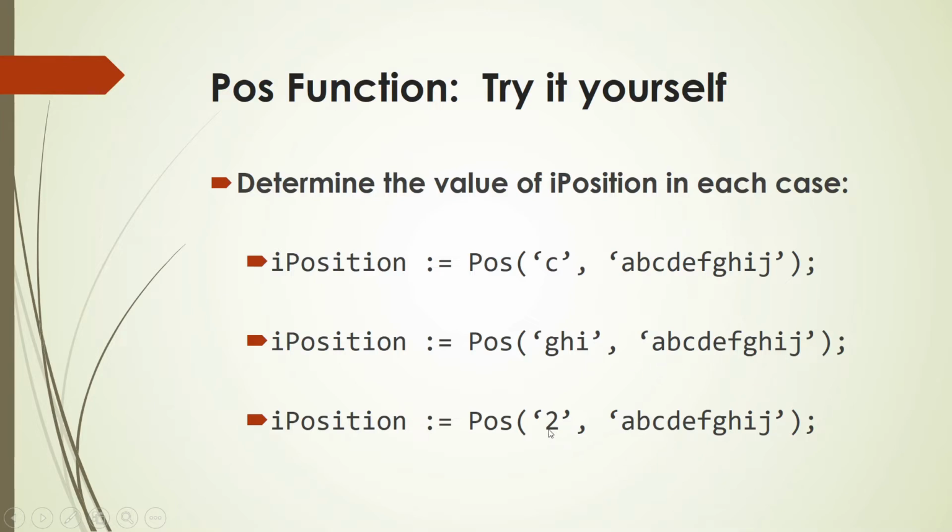And here I am finding the position of the number 2 in the string literal. I would like you to figure this out. I haven't given you the solution and I haven't spoken about it yet, but try and think about what will happen if 2 is not found in the string literal. Pause the video, evaluate 3 different examples, and then follow me for the solutions.